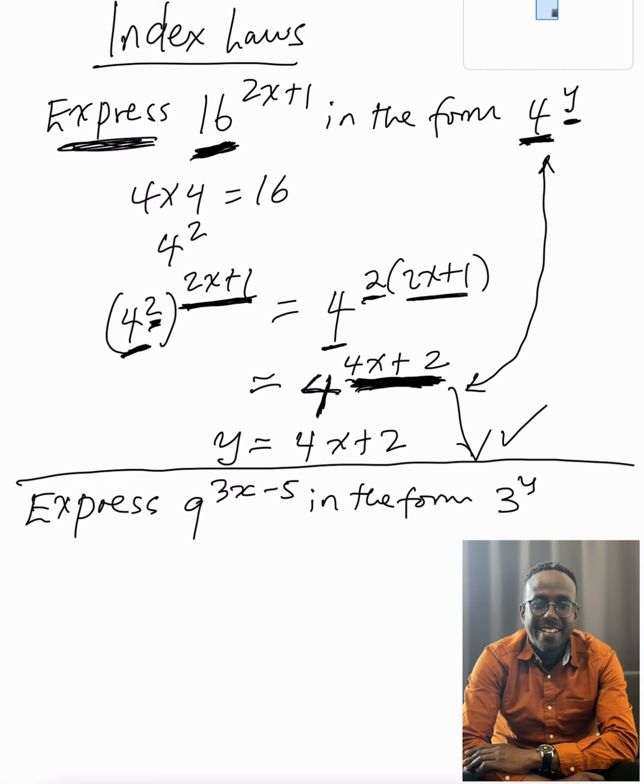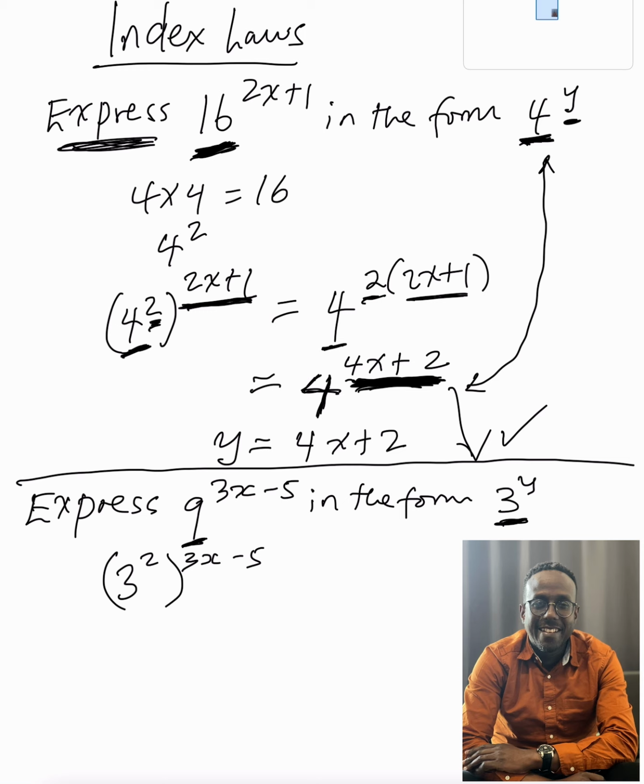So same thing, we are looking at the bases, 3 and 9. And we know that 9 can be written in terms of 3, because 3 times 3 is 9, so 9 is the same as 3 squared. So I'll write 3 squared, first in brackets for you to understand, to the power of 3x minus 5.